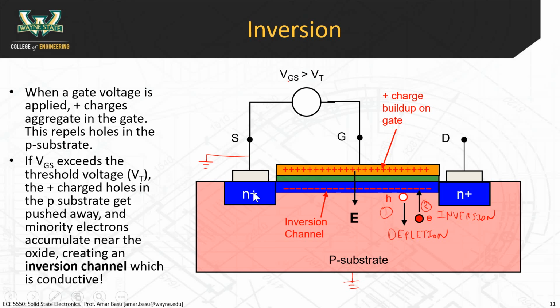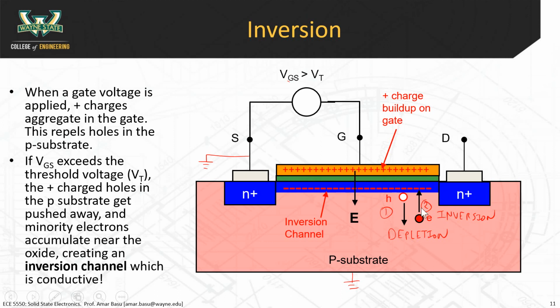So now that we've created an N-type material underneath the gate, now guess what? Now current can flow from the source to the drain. We've turned our device on, right? So now it looks very much like an MOS capacitor, with positive charges built up on one side of the dielectric and negative charges built up on the other side of the dielectric.